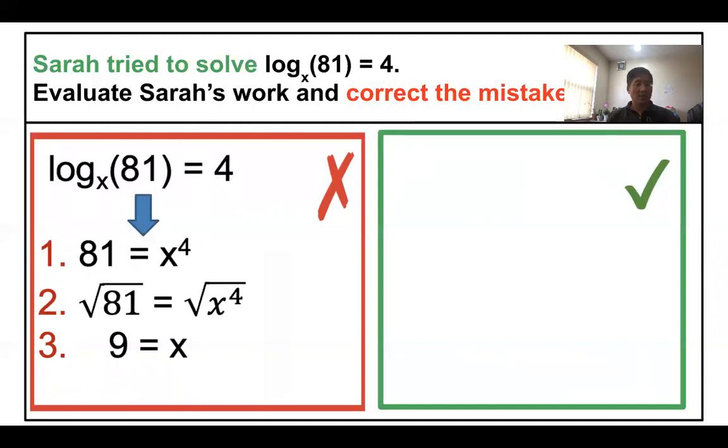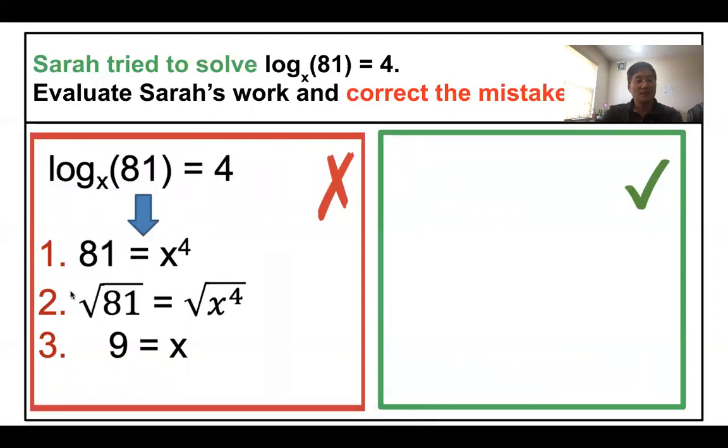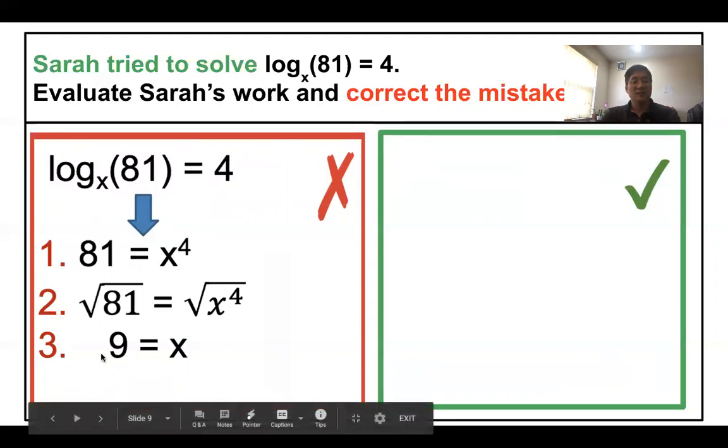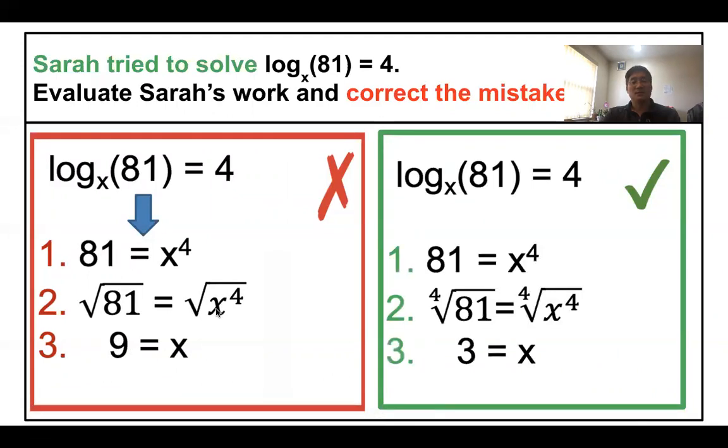What is wrong? Oh, not the square root. Because it's x to the fourth power, what should we do? The fourth root on both sides, not the square root. So step 2 was the error. Then it will not be 9. The answer will be what? Let me show you.